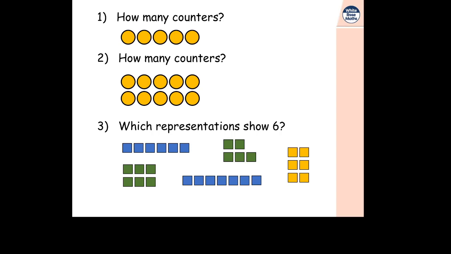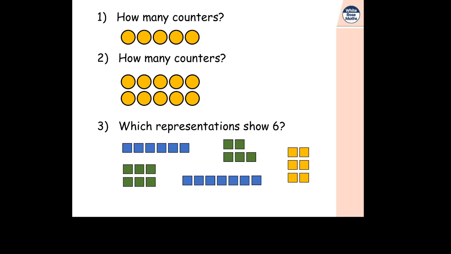So first of all, I've got 3 questions for you. If it was me, I would have a scrap piece of paper with me just so you can write the answers down. They don't need to be written in your book. You can always write them on the back of today's activity if you want to, but a scrap piece of paper is fine.